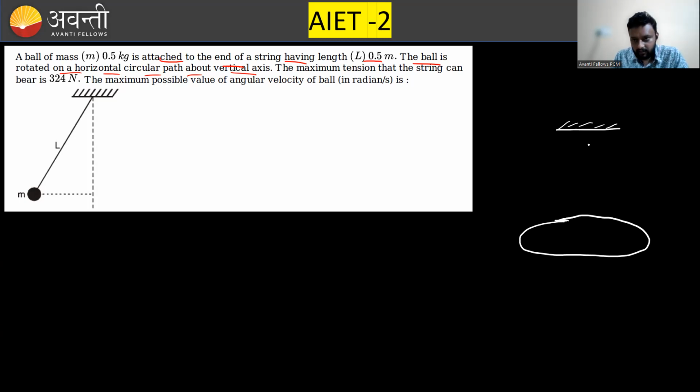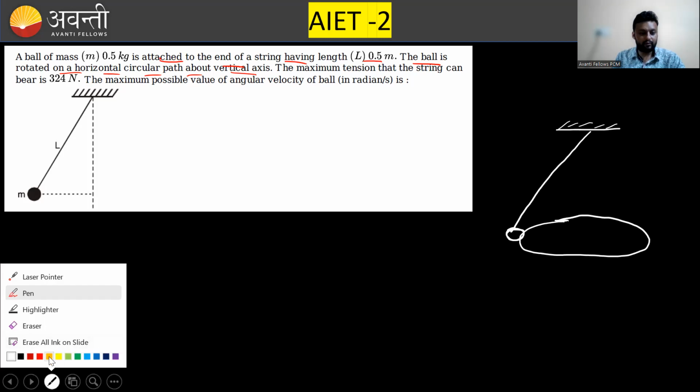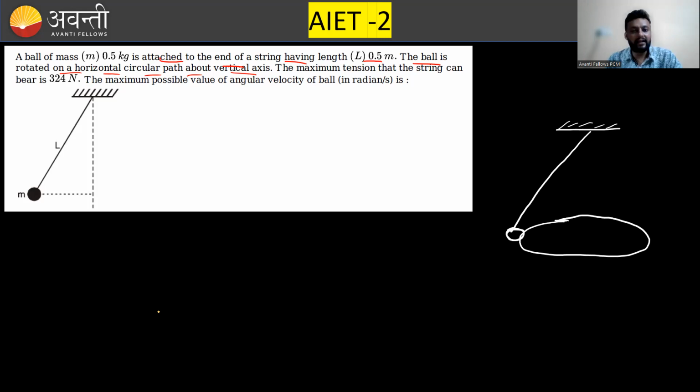This is the mass. What we need to calculate in this question is, the maximum tension that the string can bear is 324 Newton, the maximum possible value of angular velocity of the ball. That means they are asking the value of omega. Clear? So let's draw the FBD of the body.